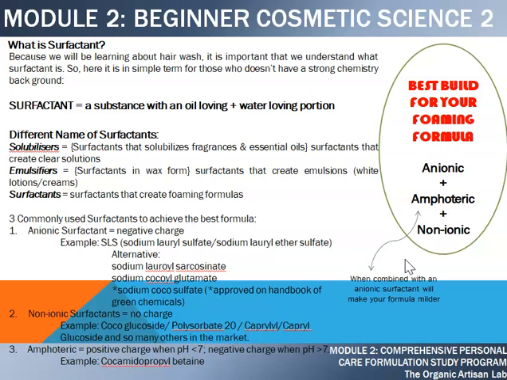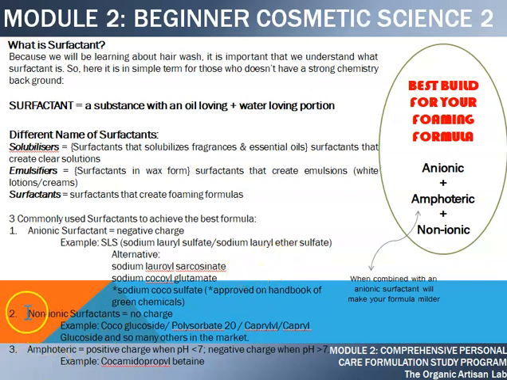Examples of those are SLS, which we are quite familiar with, sodium lauryl sulfate, and sodium laureth sulfate, which people are trying to avoid these days. Other alternatives that could be found in the Handbook of Green Chemicals are sodium lauroyl sarcosinate, sodium cocoyl glutamate, sodium coco sulfate, and so many others. The list can actually go on.